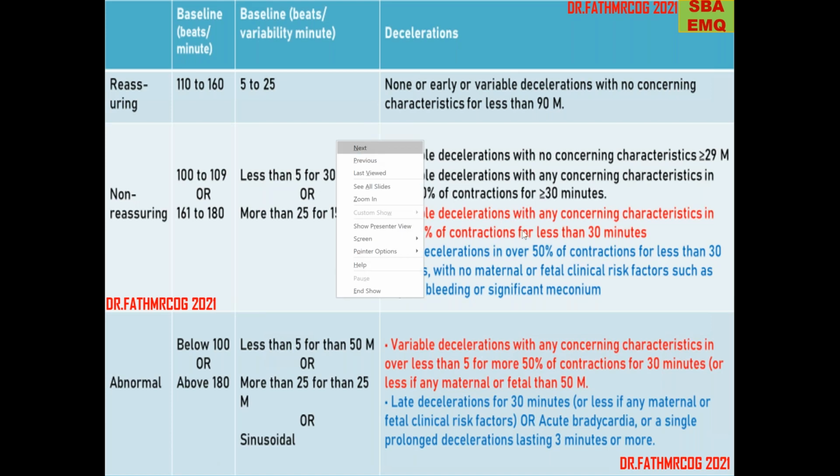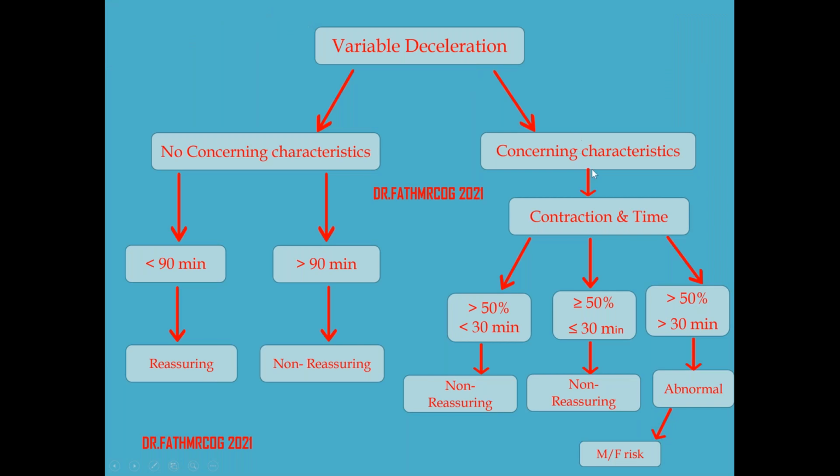So if there's variable deceleration, look for the concerning or non-concerning characteristic. If there's non-concerning characteristic and the duration is less than 90 minutes, this is reassuring. If no concerning characteristic and the duration is 90 minutes or more, this is not reassuring.